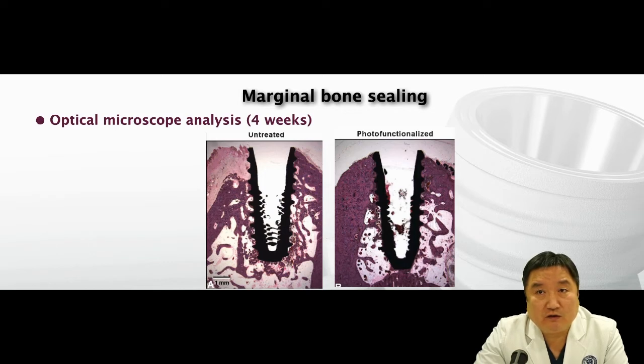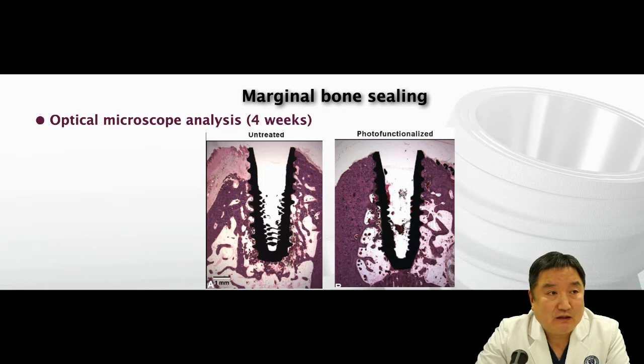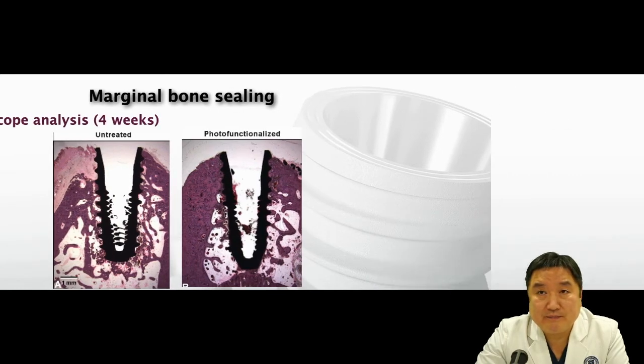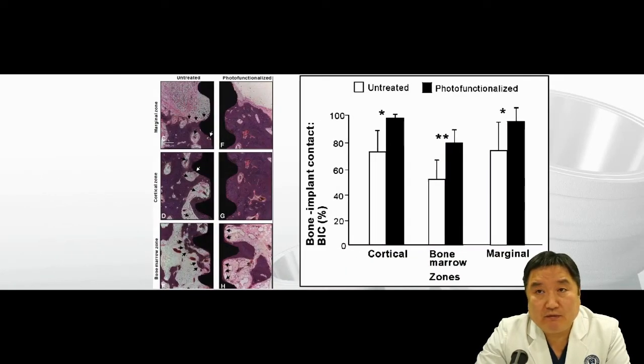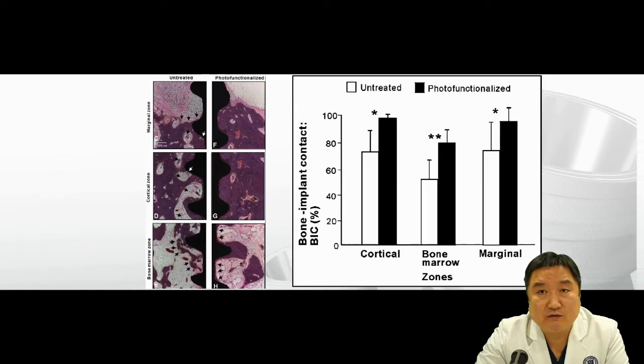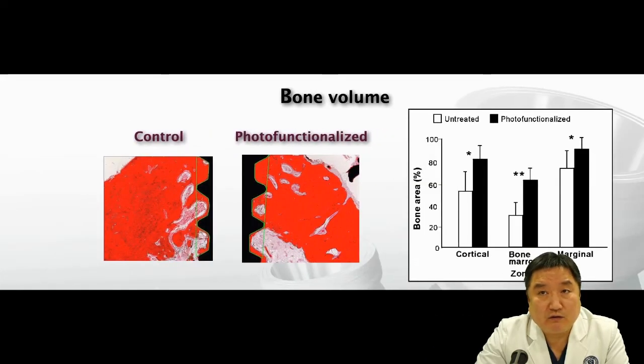For the functionalized group, we observed very consistent, intact marginal sealing on the top portion of the alveolar bone. But on the left-hand side, the untreated one, there is some kind of collapse of the bone. And bone-to-implant contact was also superior in the UV-treated group in all 3 zones: cortical, bone marrow, and marginal zones. Bone volume was also superior in UV-treated groups.